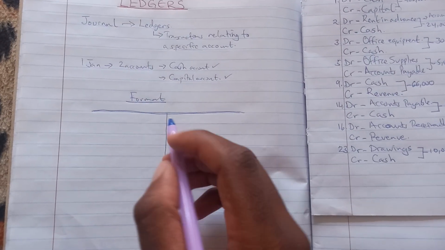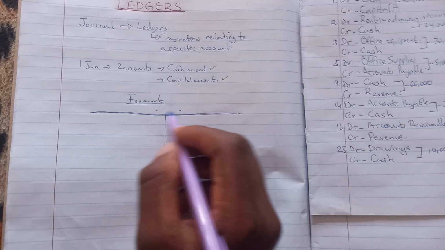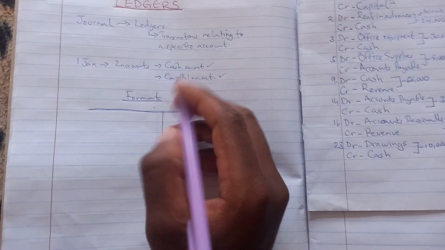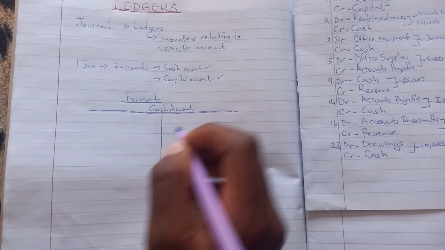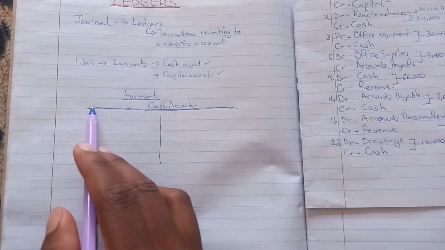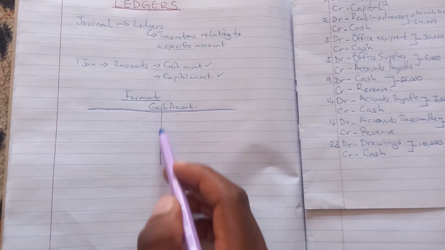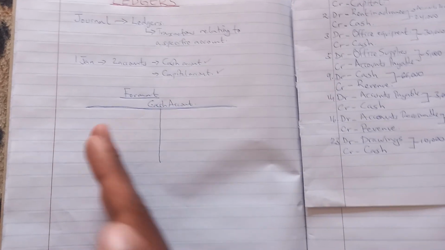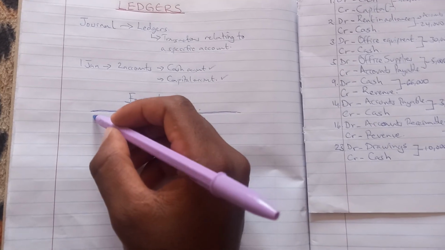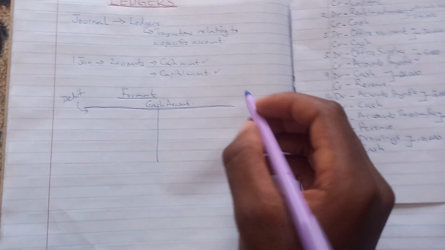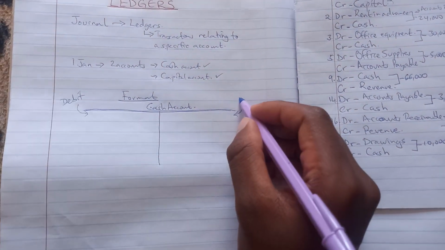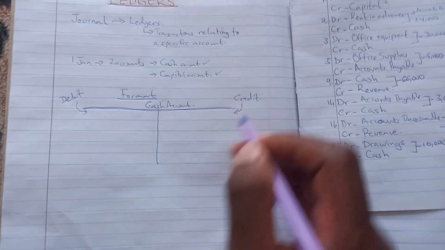Okay, so the title of the account comes on top. So let's say for instance, this will be cash account. If you look at the T format, this line divides the account into two sides. So on the left side is the debit side and on the right side is the credit.